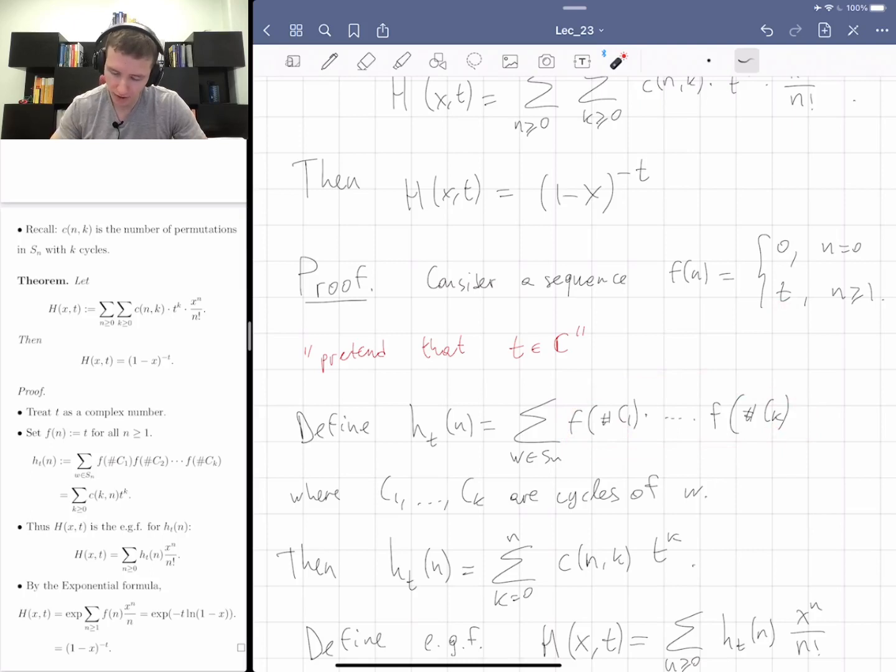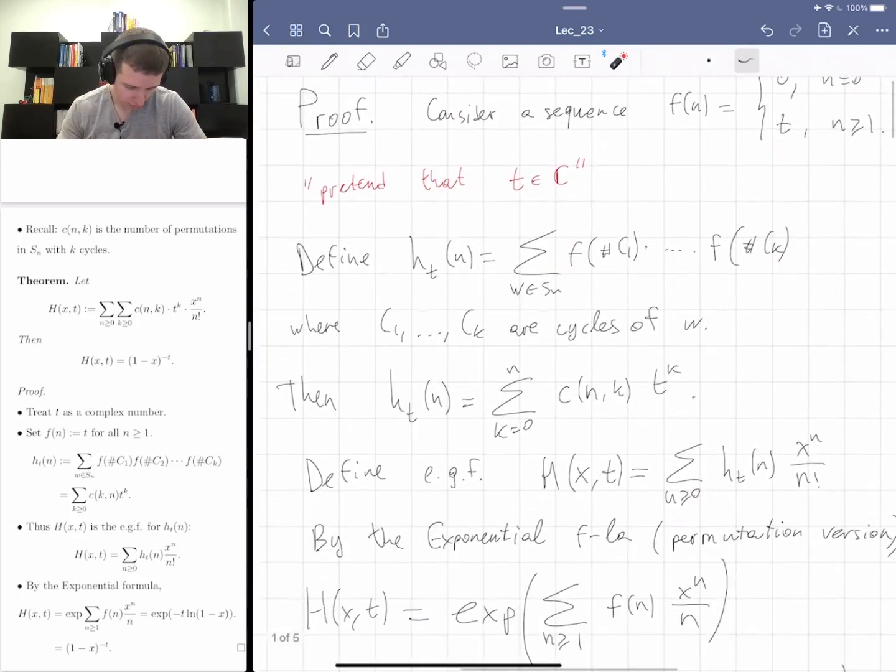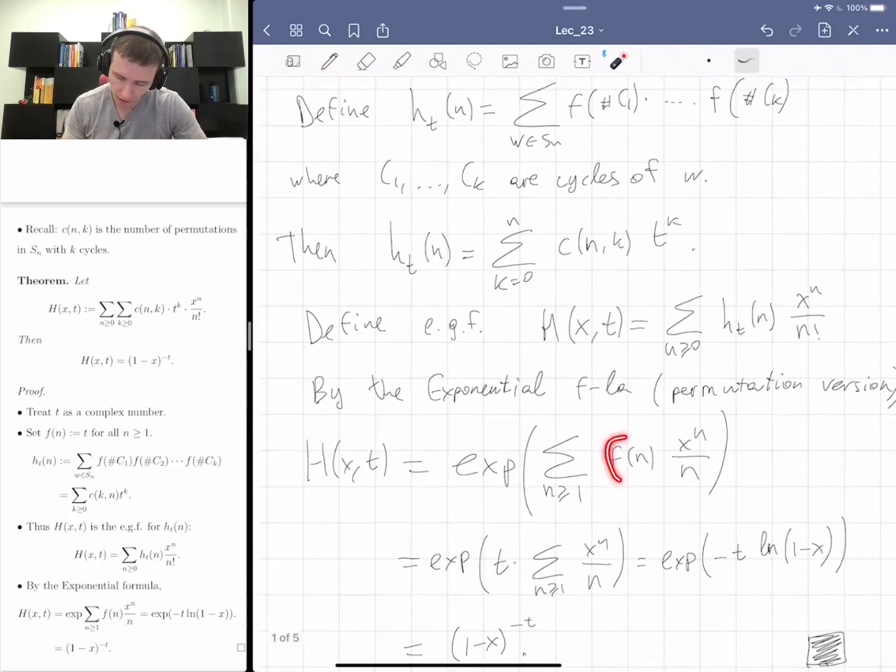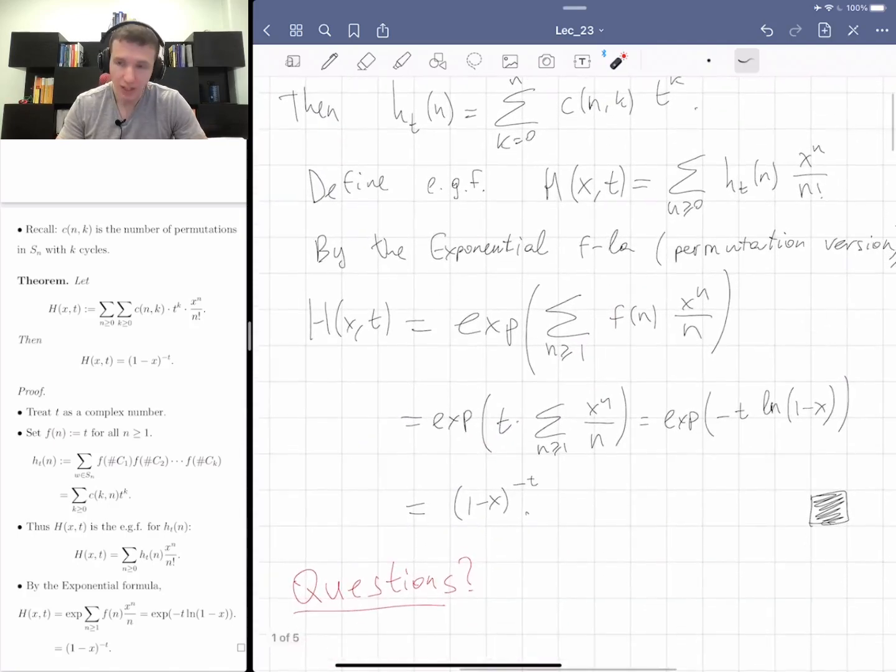Second to last line. Oh, you mean over here? Yeah, I mean f of n is equal to t, right? So f of n becomes t. Yeah, thanks. Any other questions?